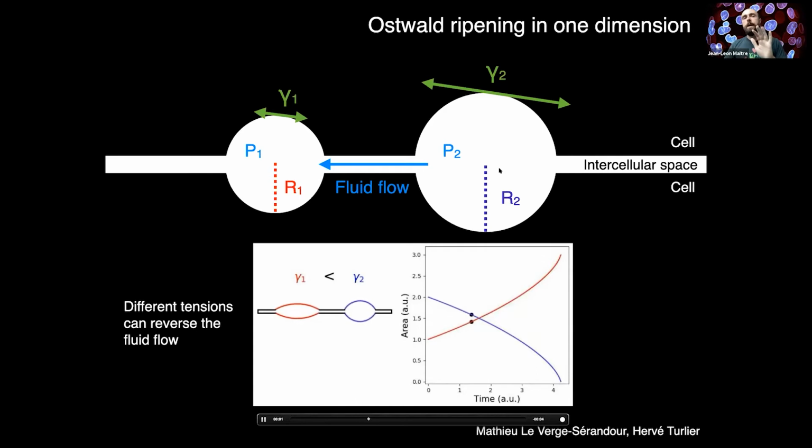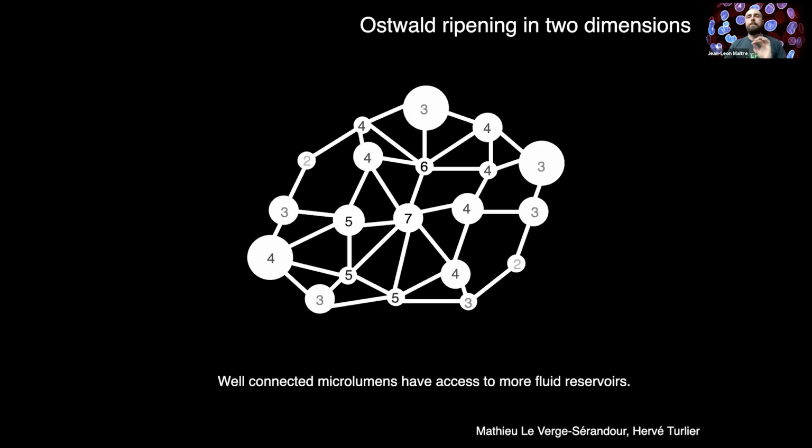Taking this into account and the connectivity of the microlumens, which is also going to be important, because you can imagine that if you are a central microlumen, you will have many neighboring microlumens to draw water from. And if you're at the periphery, you will have less choice. And so this will affect the dynamics and will affect the final result.